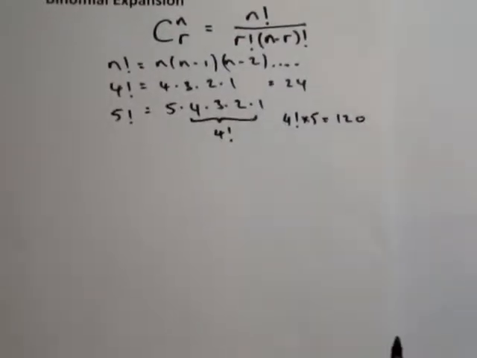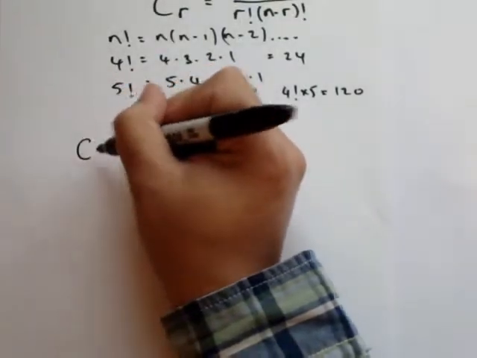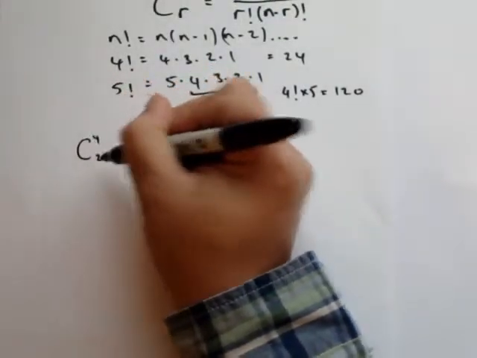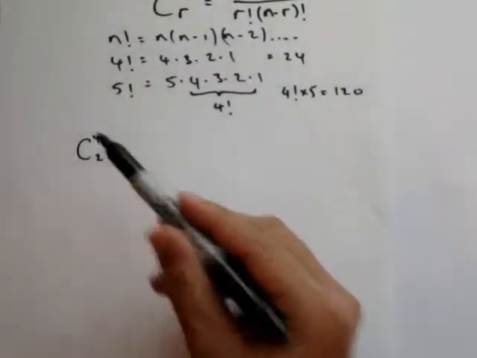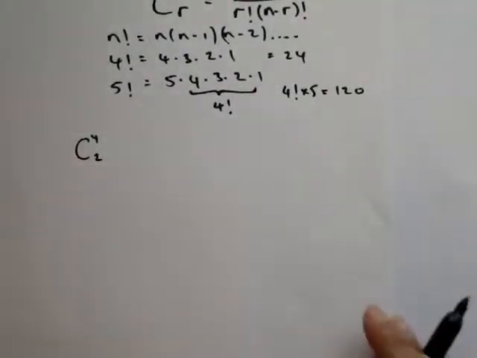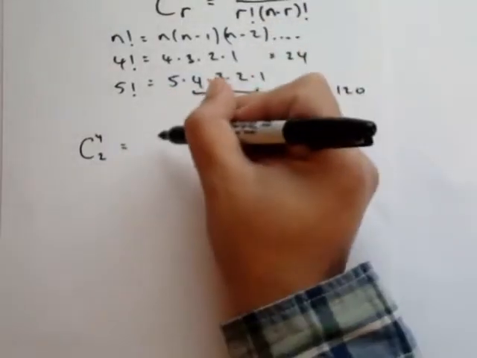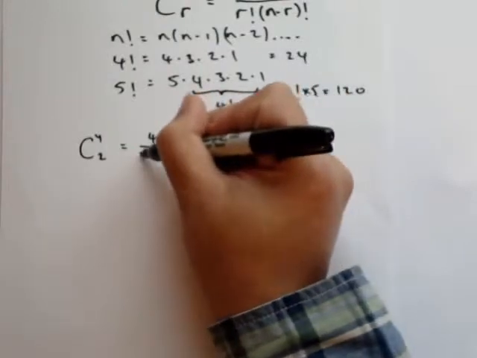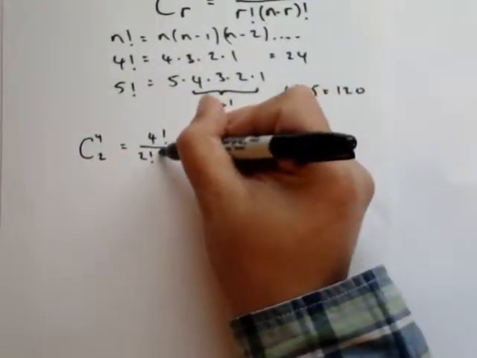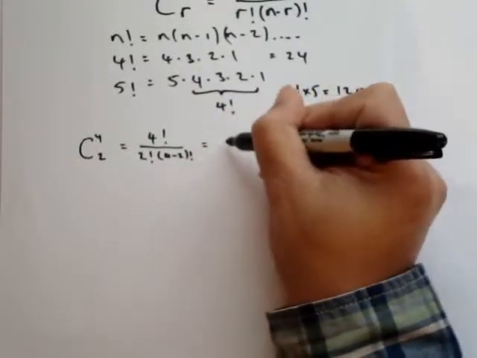So when we write out this nCr as C 4 2, for example, this means 4 choose 2. And what do we mean by that? Well, let's have a look. If we have this, using our formula, this becomes 4 factorial over 2 factorial, and then 4 minus 2 factorial, and this equals 6.